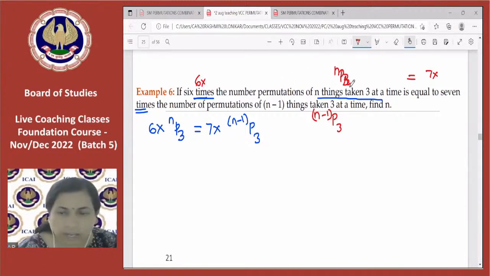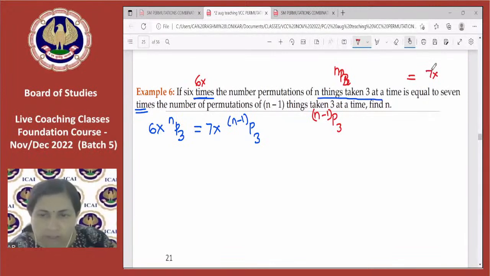So 6 into nP3 is equal to 7 into (n minus 1)P3.